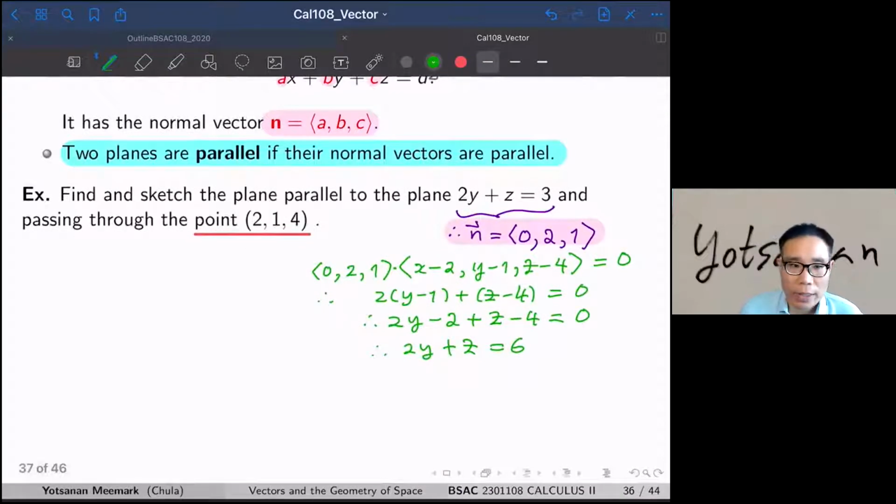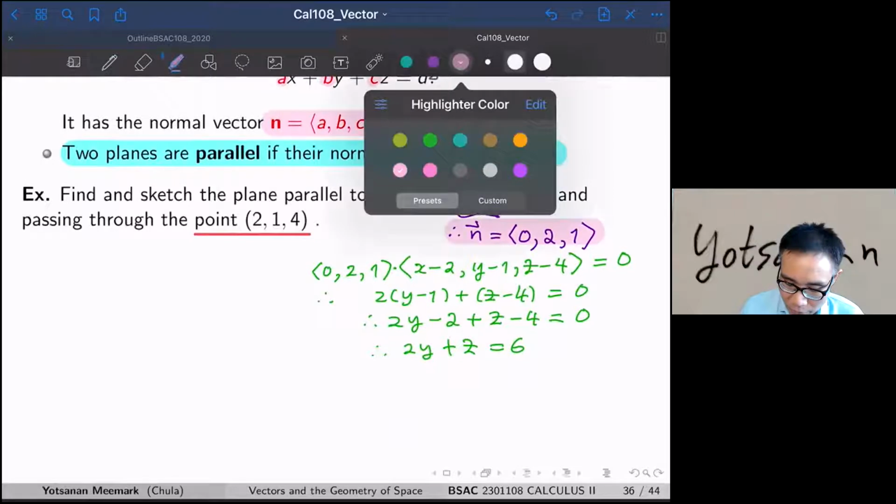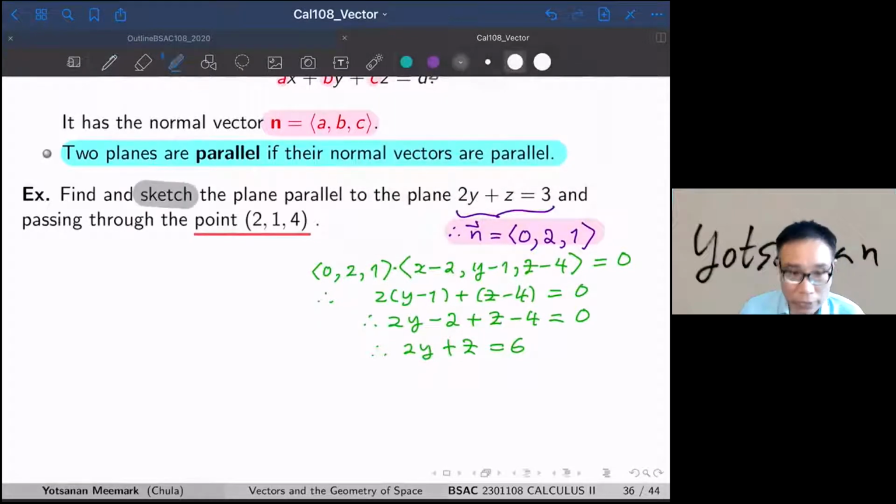And we're going to try to sketch the plane. If you want to sketch the plane, you're going to just find the x-intercept, y-intercept, and z-intercept. So you put y equal to 0 and z equal to 0.